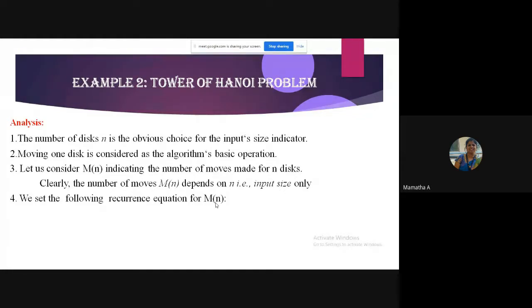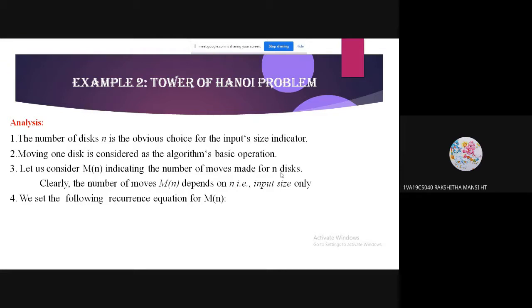What is my first step? Moving n minus 1 disks recursively from wherever it is. So I should find out the number of moves made in step 1, plus what is step 2?